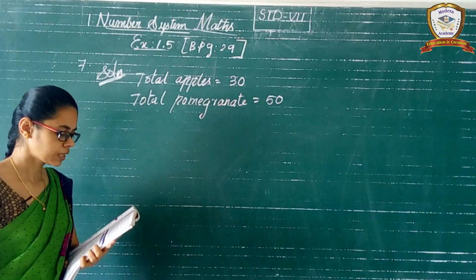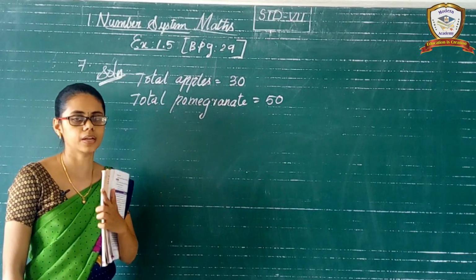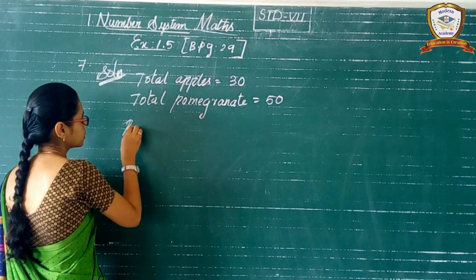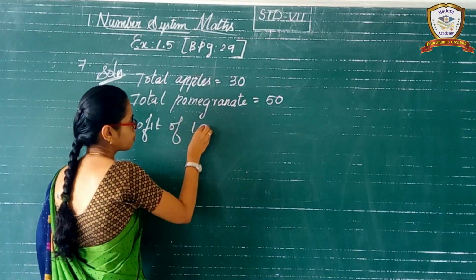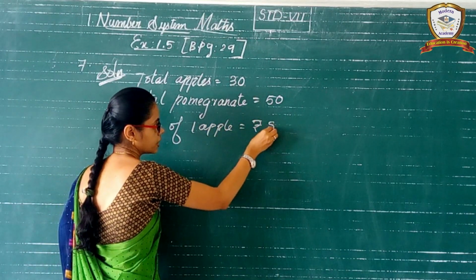Next, she makes a profit of rupees 8 per apple, so the profit of 1 apple is rupees 8.